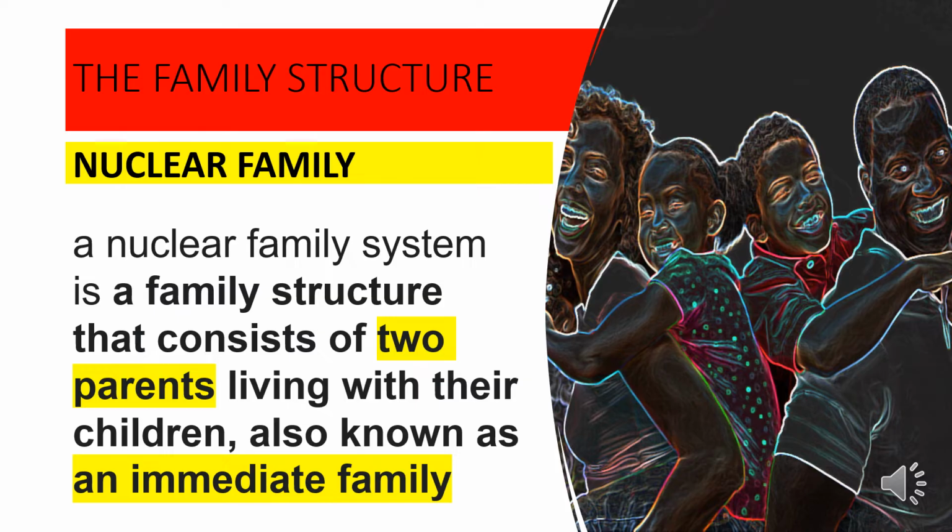A nuclear family system is a family structure that consists of 2 parents living with their children, also known as an immediate family. Are you able to identify some of the benefits of having a nuclear family structure versus, say, a single parent family structure versus maybe even an extended family structure or an unconventional family structure?